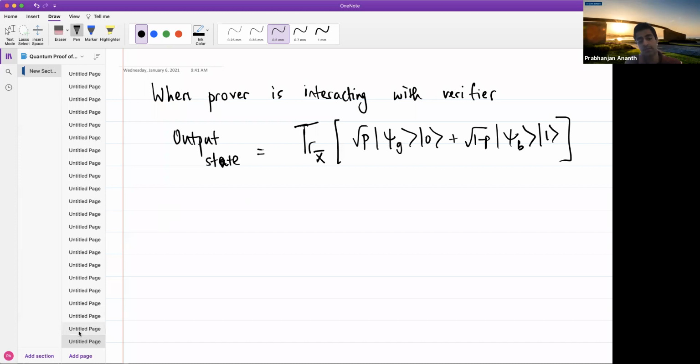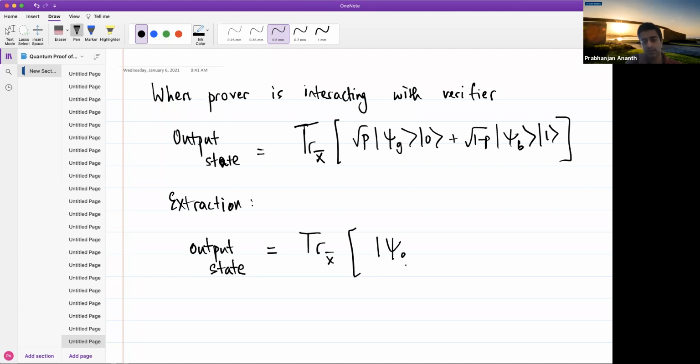And in the case when the extractor is outputting the state, the extraction case, the output state is going to be nothing but tracing out everything except the prover's private register in the state psi good.